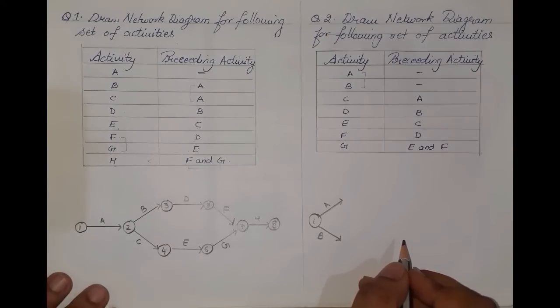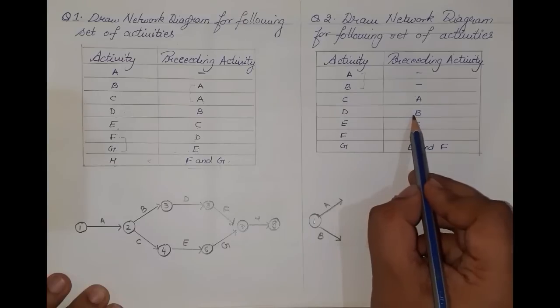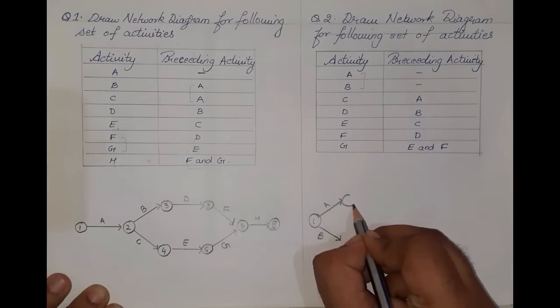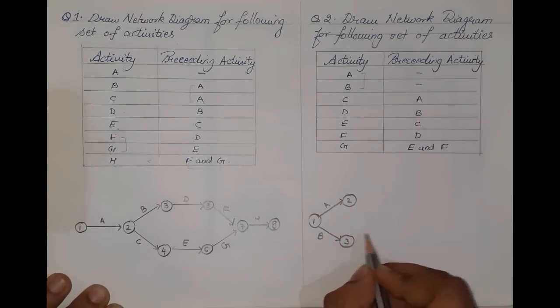From A, now if I look carefully, C has evolved, and from B, D has evolved. So we'll note down here, this is event number 2, event number 3.